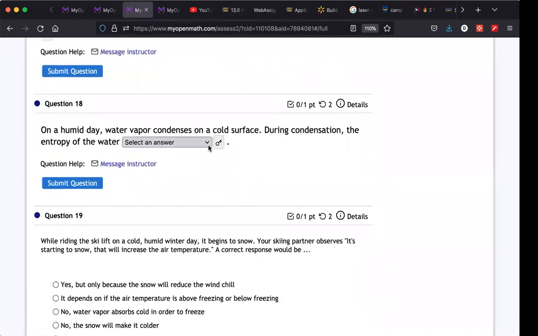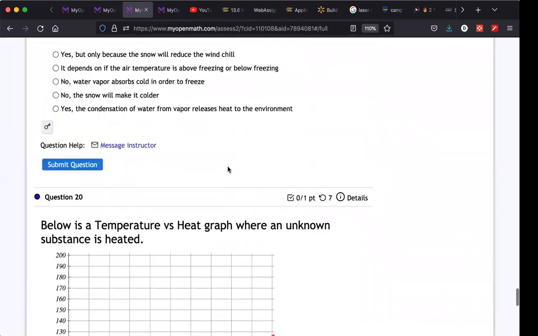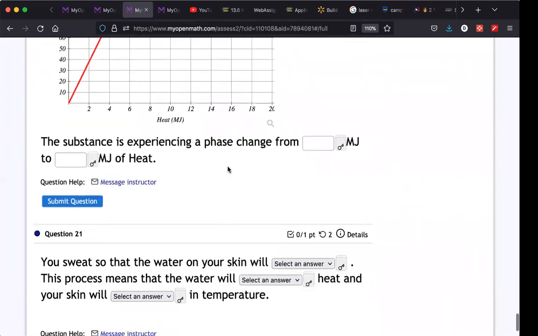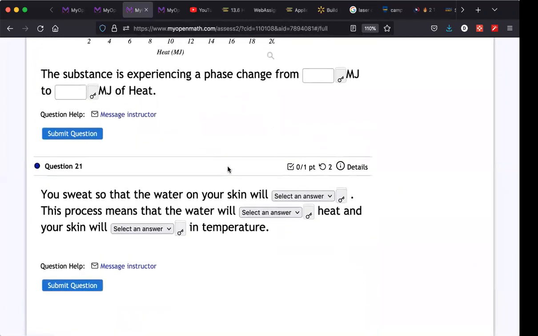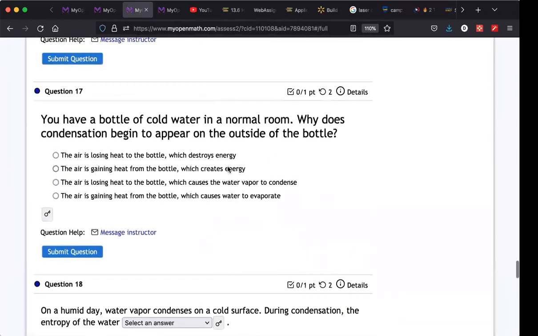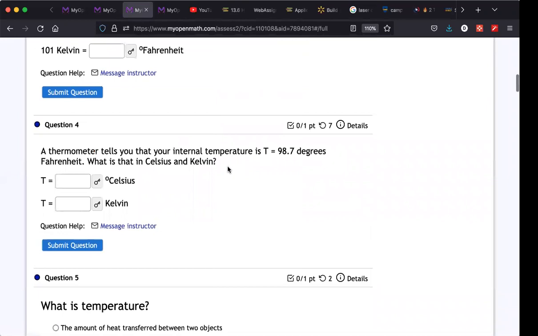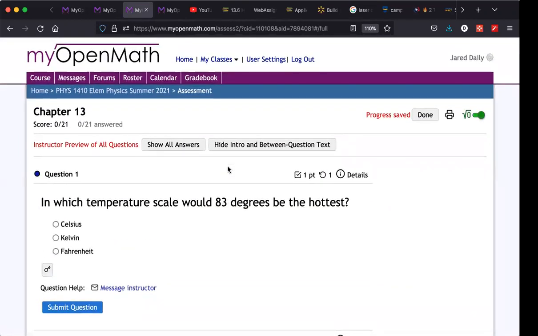So I need to remove this question. Question 18, apparently. Yeah, there's nothing in here that has that. Let me remove question 18 from this.